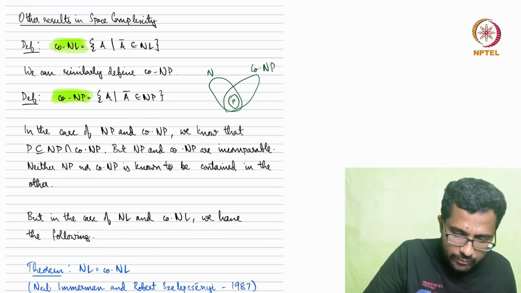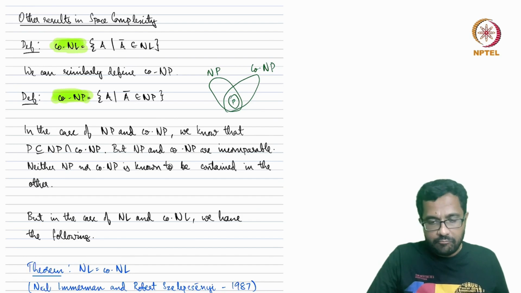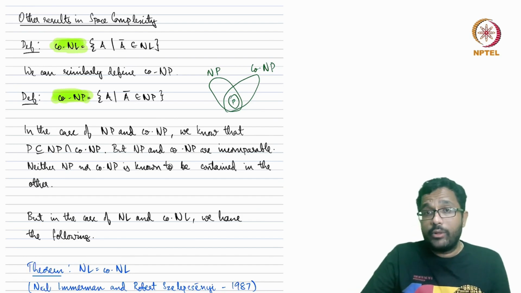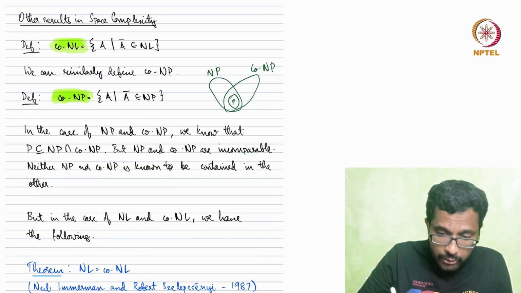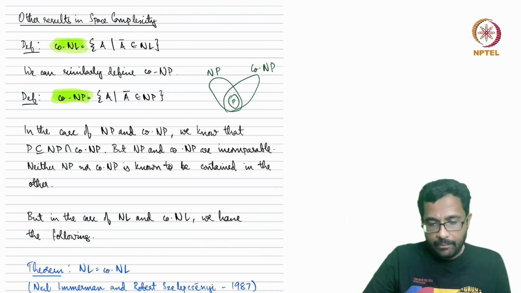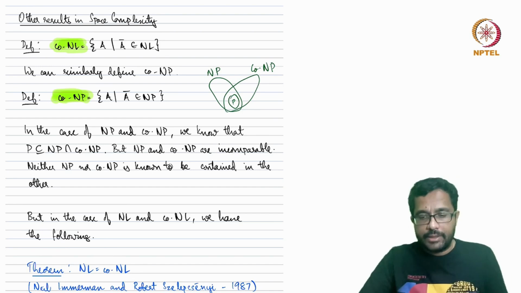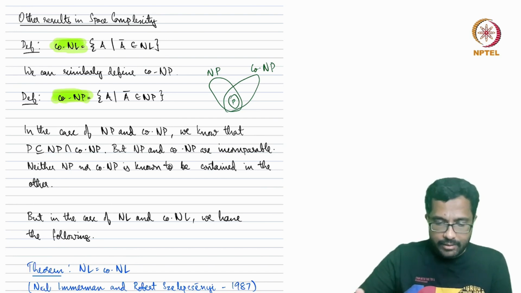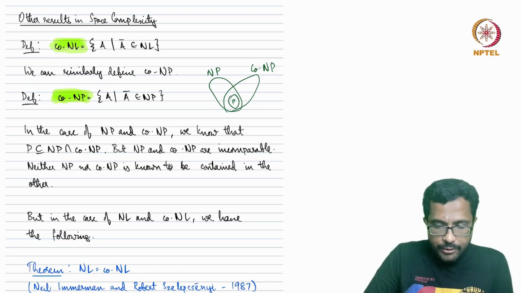So there are two possibilities. One is that NP and co-NP could be equal, or it could be that P is equal to the intersection of NP and co-NP. But if one of them is shown to be a subset of the other, let's say NP is shown to be a subset of co-NP, then it follows that they are equal. That's not that hard to see, but because we haven't covered those topics, I will not get into that. So this is what we know.